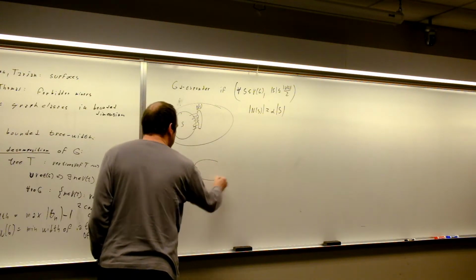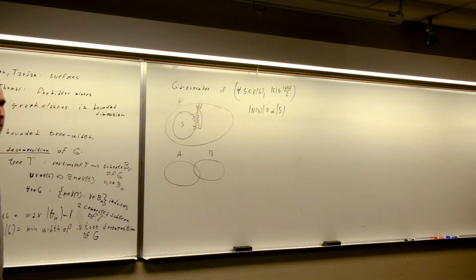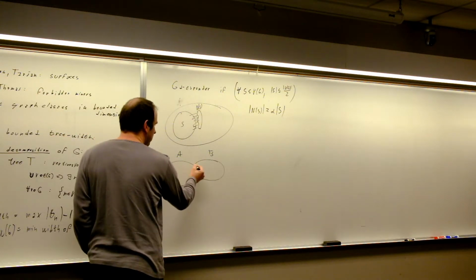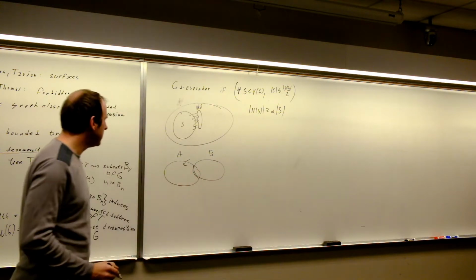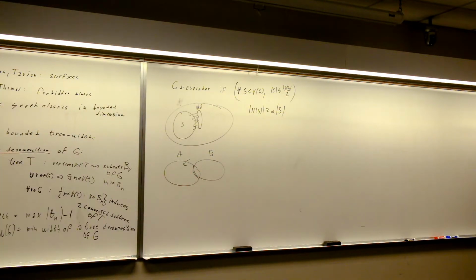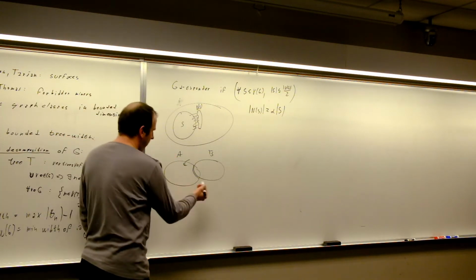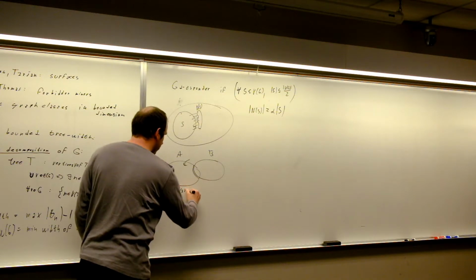split your expander into parts A and B arbitrarily, you will take the smaller of the sides, let's say this one. Because of this balance condition, this side will still have some linear number of vertices, something like 1/3 of n.